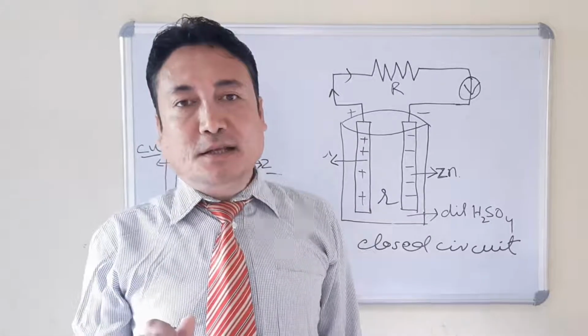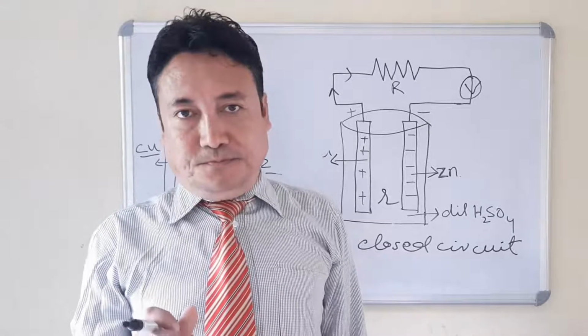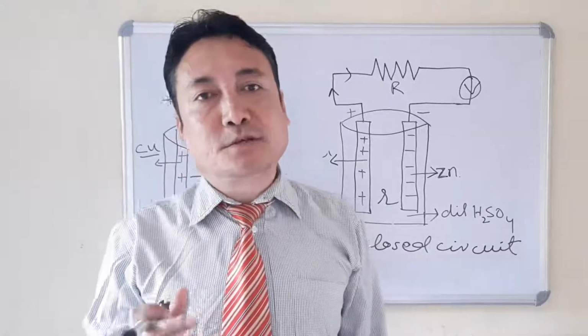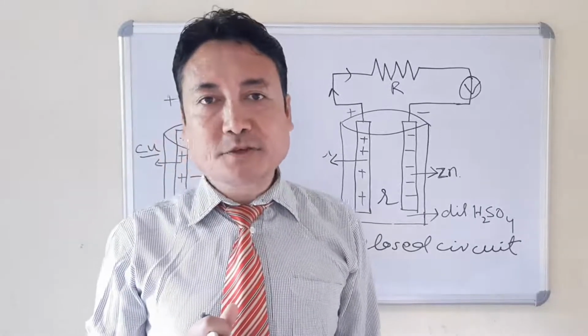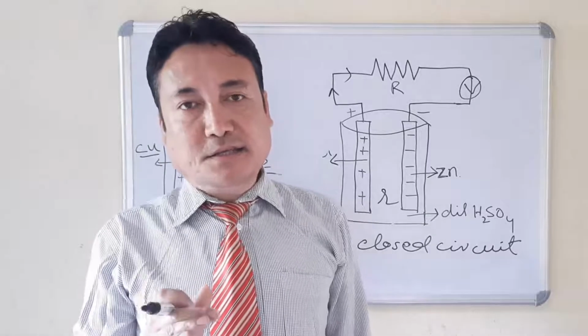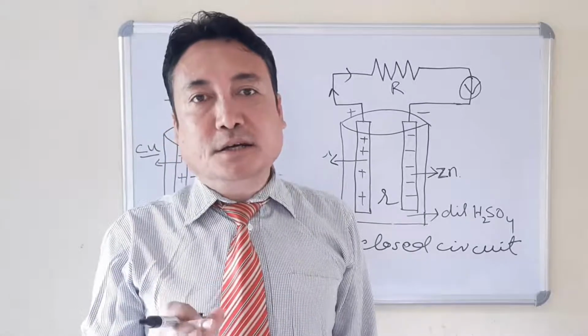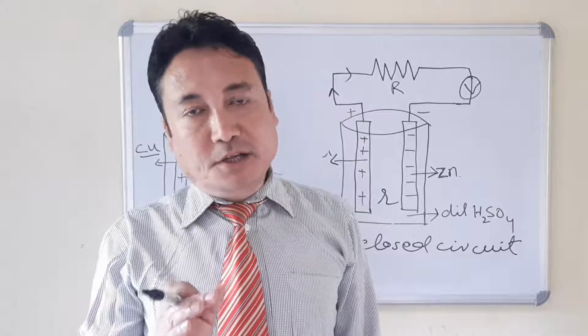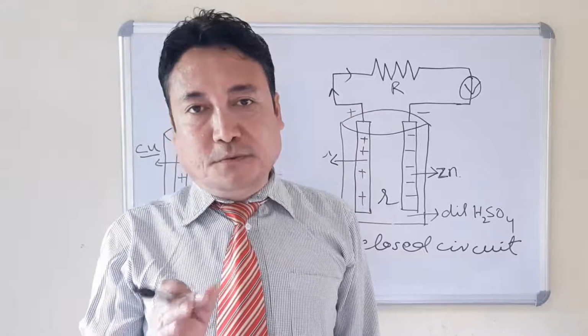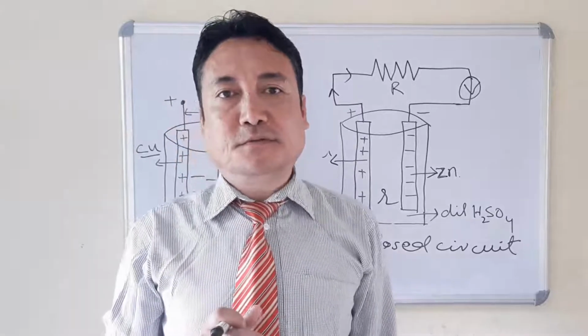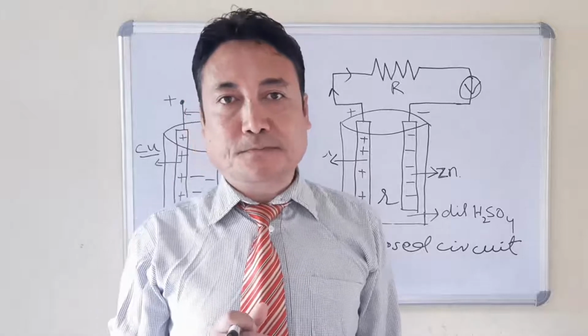This cell will make the current flow, and it is a source of electric current. In this cell, they maintain the continuous potential difference for the continuous flow of electric current.